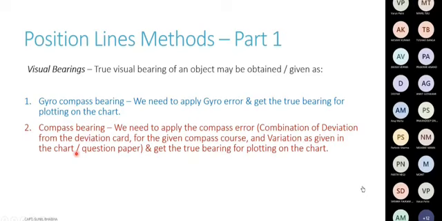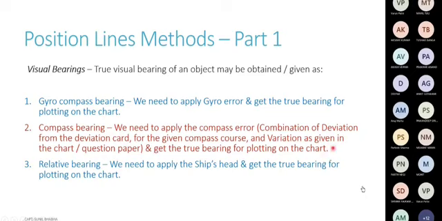It is mentioned in the question paper whether you have to use a particular variation value or pick up the variation from the chart. I will tell you how variation is picked up from the chart. Once you apply this compass error to the compass bearing, we get the true bearing, which we can then plot on the chart.